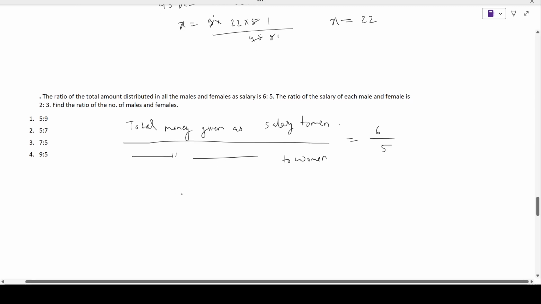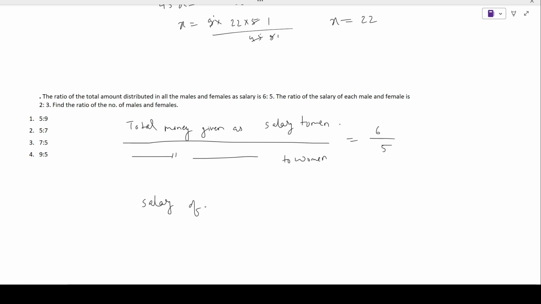Now the ratio of the salary of each male and female is 2:3. That is, salary of a male to salary of a female is given as 2:3.